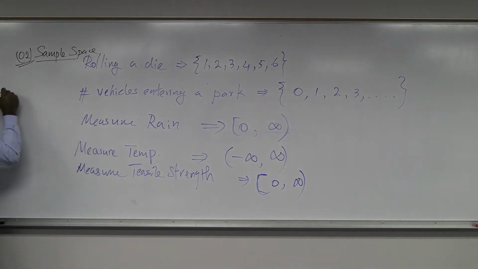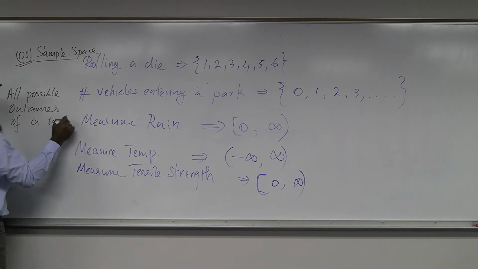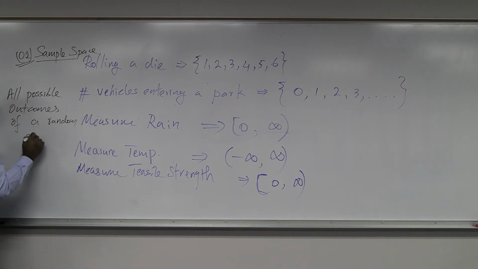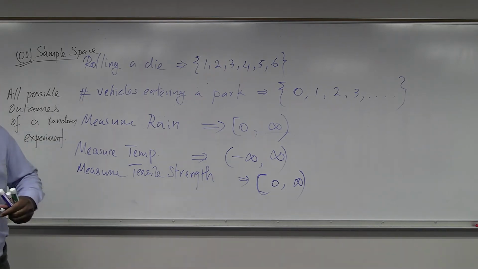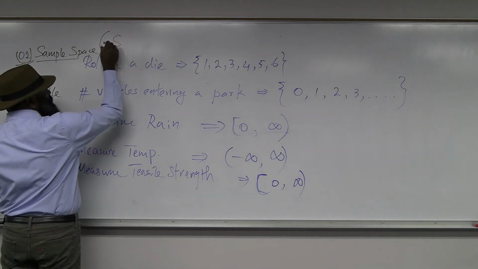We said it's all possible outcomes of a random experiment. The sample space has a symbol. So the symbol for sample space in this class will be S.